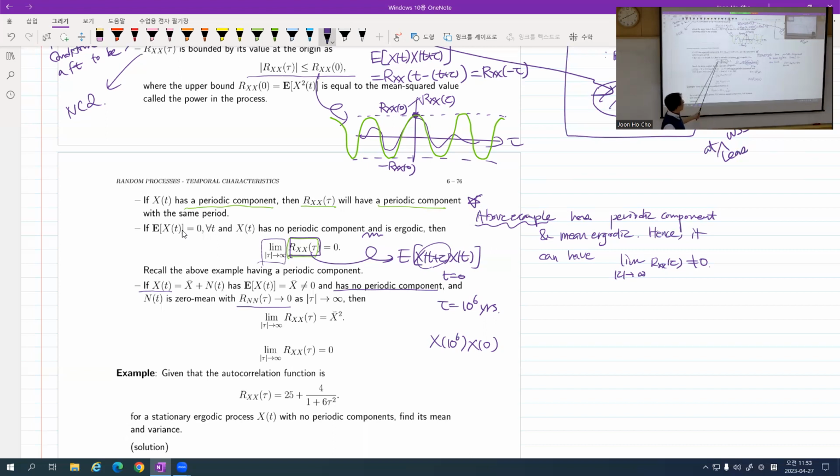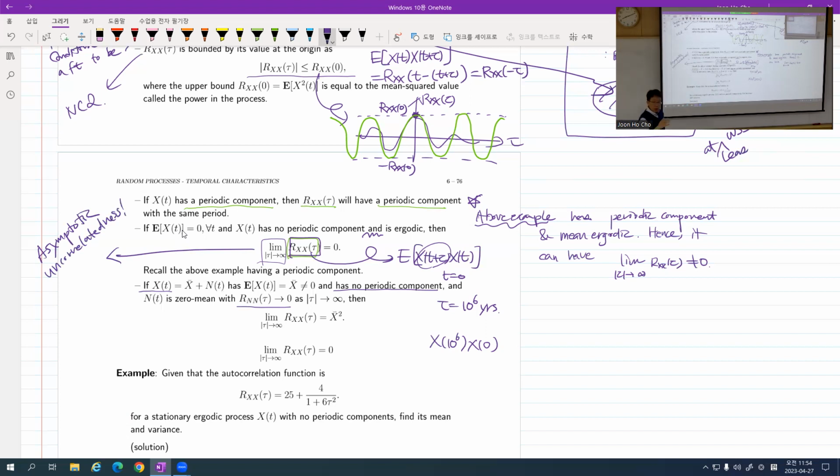Here, for sufficiently large time difference, the zero mean random process sampled at very large time instances, separated far away, are approximately 0 or close to 0, so uncorrelated. This means asymptotic uncorrelatedness. Asymptotic means 점근적으로 in Korean.